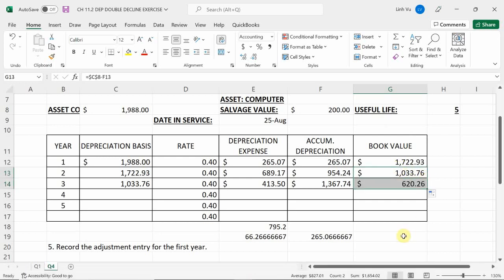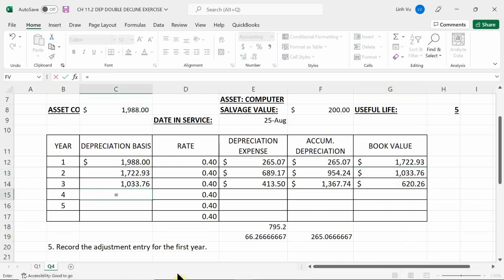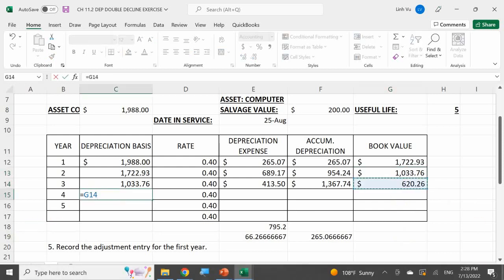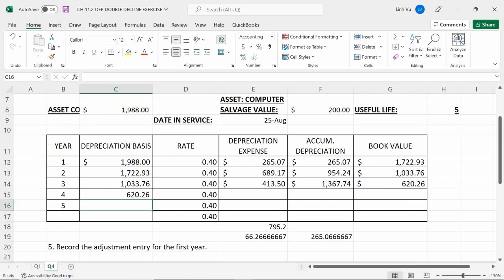So let's continue using it for year 4. Depreciation expense is 248.10. Good.